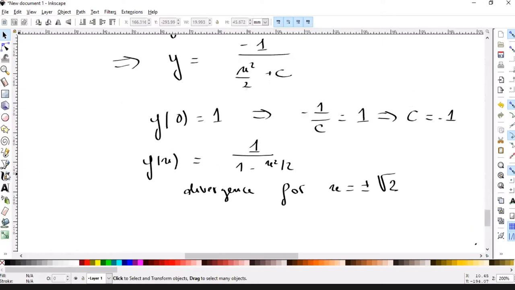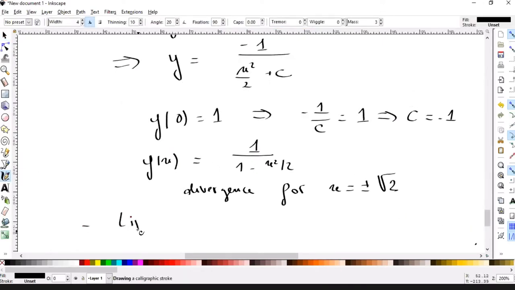Now let's see if the Lipschitz condition is verified.